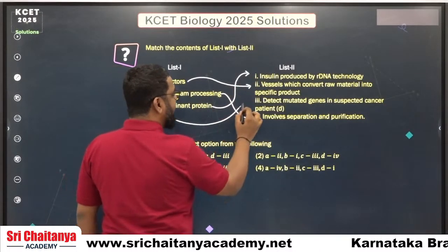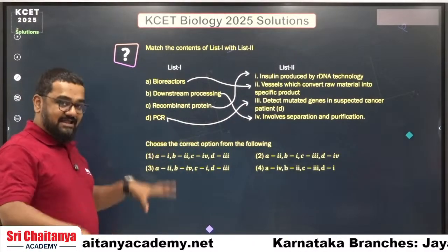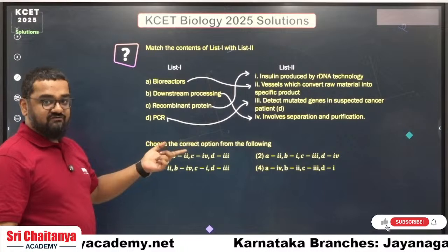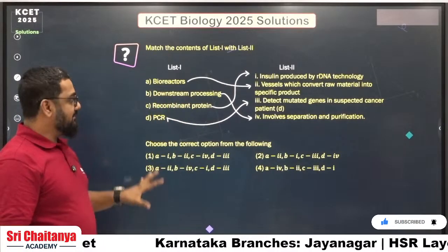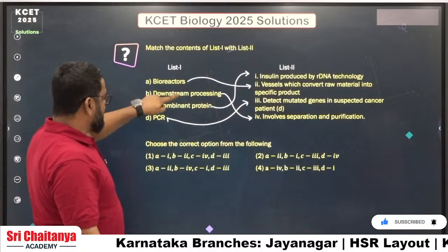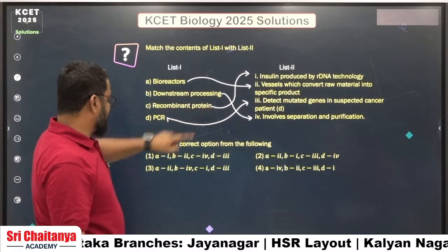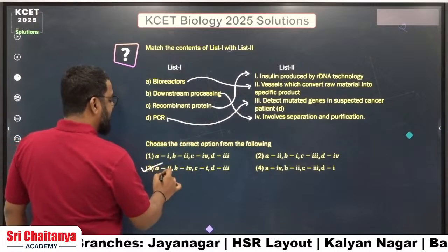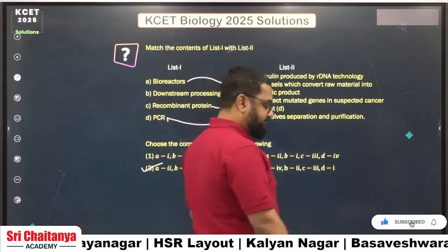PCR, polymerase chain reaction, detect mutated genes in susceptible cancer patients. Directly it does not, it helps in amplification of DNA. Through other methods we detect cancer causing sequences in that DNA, right? So A is option 2, B is option 4, so that would give us option 3. A is 2, B is 4, C is 1 and D is 3.